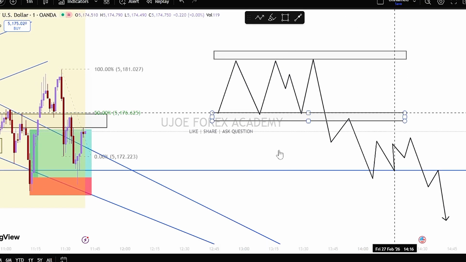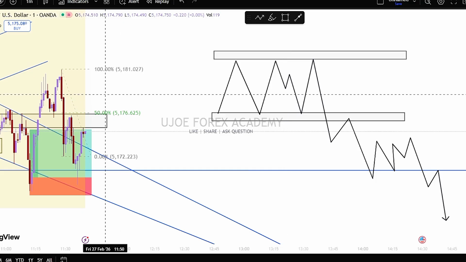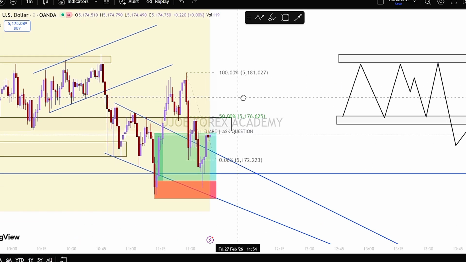If you understand how price action works, that was actually what played out here.